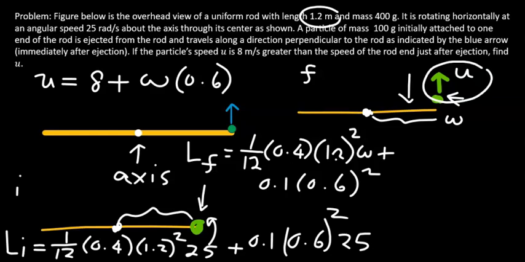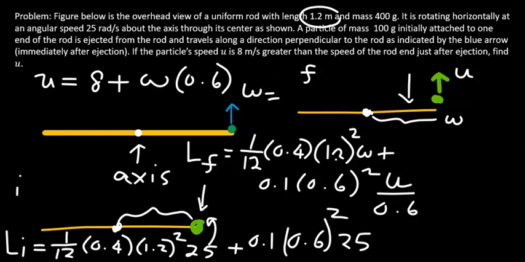It's not omega. It is actually u, the linear speed, over r, which is 0.6. I'm making use of the fact that omega is the tangential speed over radius. So this 0.6 will cancel one of the 0.6 from the top, and you can substitute u from that expression like that.